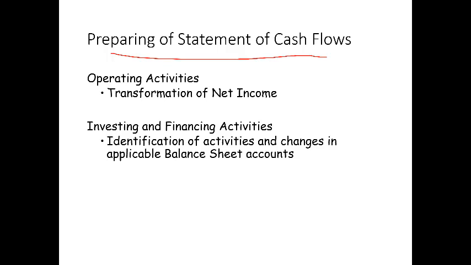That's going to be the bulk of this part of the chapter, figuring out cash flows from operations. With investing and financing activities, all we're doing is identifying activities and changes in applicable balance sheet accounts. It's more about identification rather than a transformation. We'll go through an example in just a second where we do this.